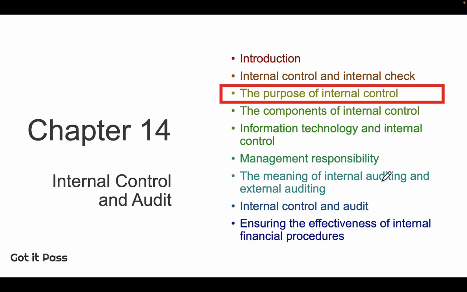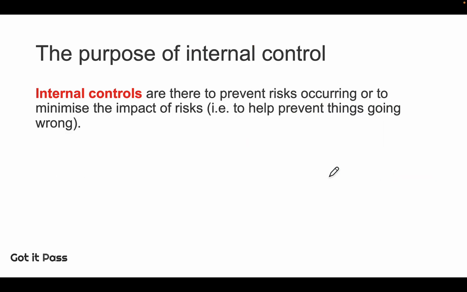So let's now move on to the purpose of internal control. As we discussed before, internal control is a process, and what is internal control for? It is for providing reasonable assurance.